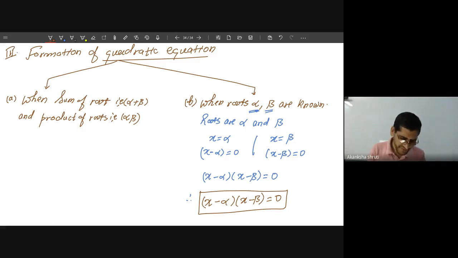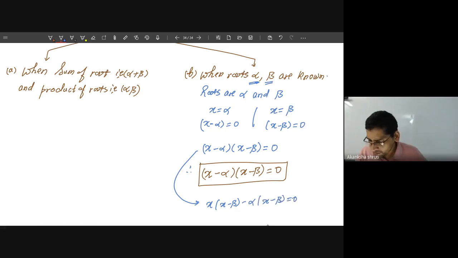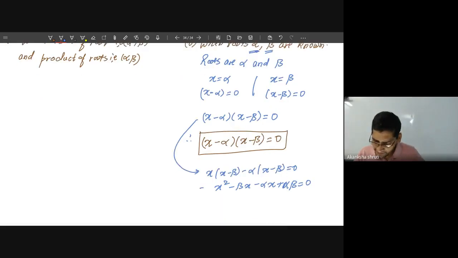Students, see here, if I am multiplying this, it becomes like this. x can be taken out. x minus alpha, x minus beta is equal to 0. Multiplying this, x square minus beta x minus alpha x plus alpha beta is equal to 0. Now, what is this? x can be taken out here.